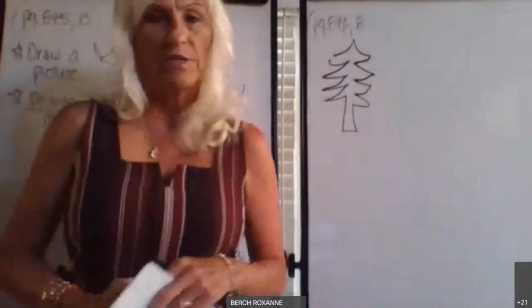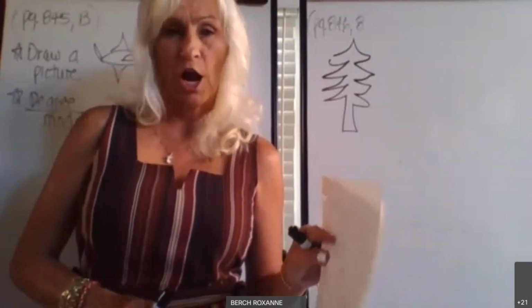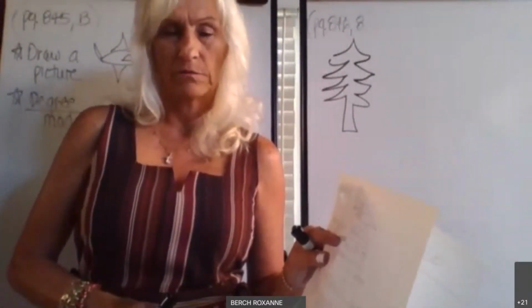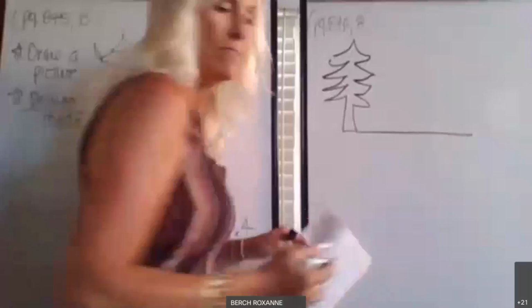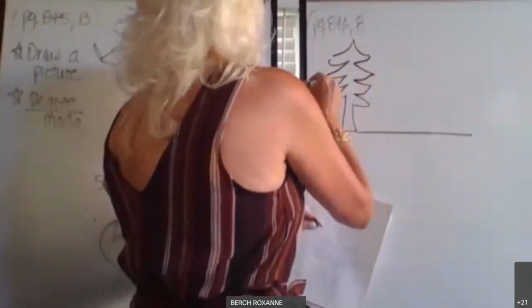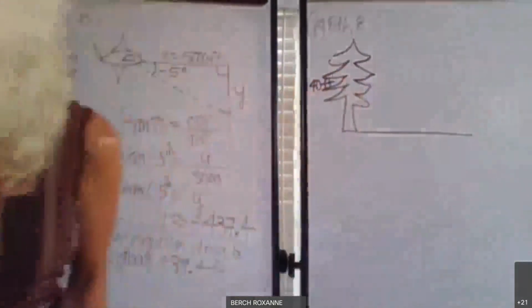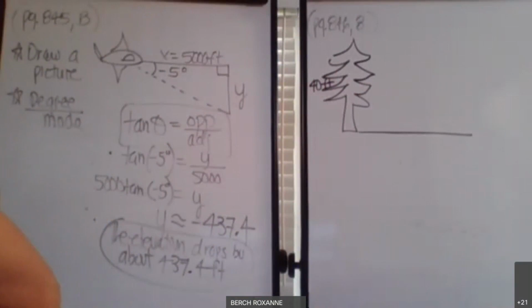Now, do you guys typically see shadows in the air or on the ground? On the ground? It says, how long a shadow does a 40-foot tree, so they're telling you that the tree is 40 feet, cast on the ground if the sun is at an angle.